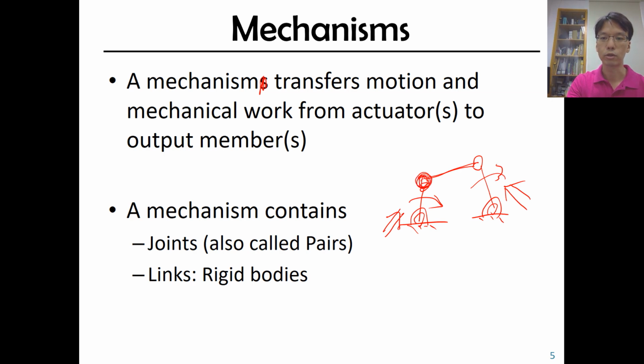So for example, this joint is connecting this bar and this bar. And a link is a rigid body. So, basically, that's a link. And this one is also a link. So link and joint, we use joints to connect links. So that's what the mechanism contains.